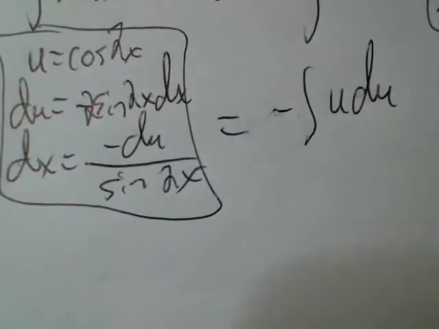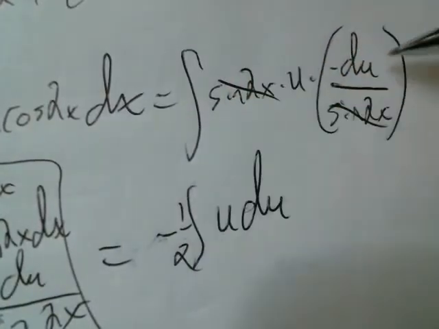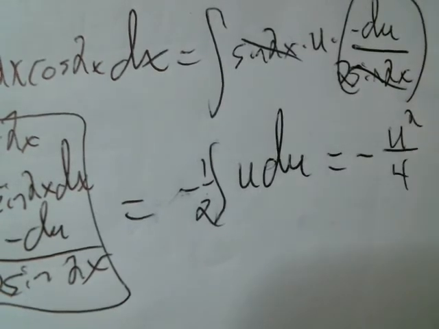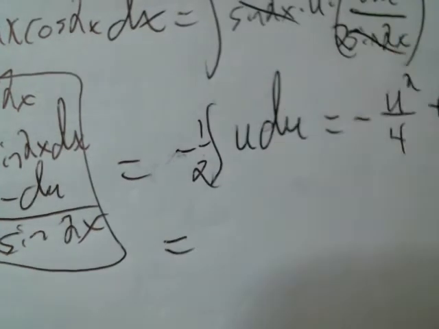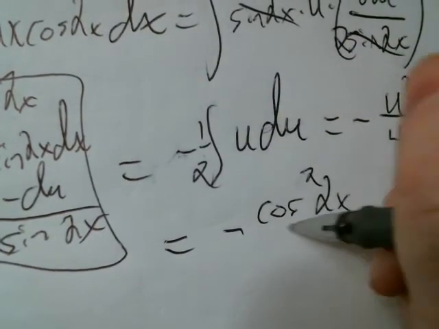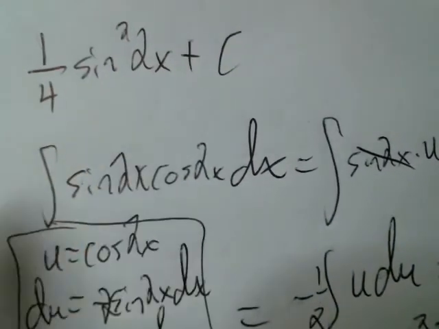Oh, I forgot a 2, so there has to be a 2 in here by the chain rule. So over 2, and then this would be negative 1/2, so there'd be a 2 down here. So this would be negative u squared over 4 plus c, and then when you back sub, you get negative cosine squared 2x all over 4 plus c. Right? And you're wondering, how is that answer the same as that answer?